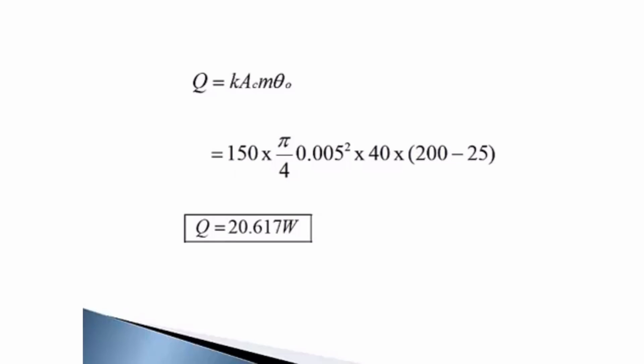You can also find out the temperature at any point on the rod by using the equation theta is equal to theta 0 e raised to minus mx, where x is the distance at which you require the temperature difference.